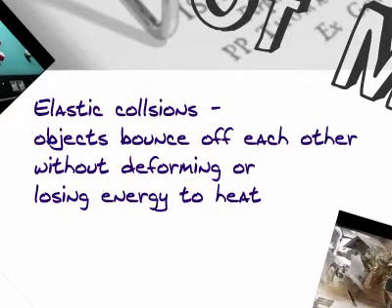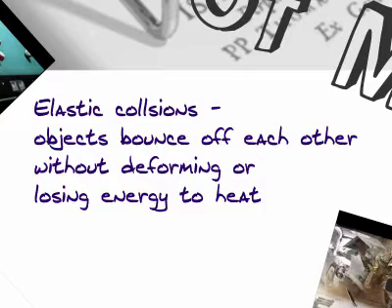Now, before we can really look at types of collisions, we need to learn about types of collisions. First of all, there are elastic collisions. In an elastic collision, objects will bounce off each other without deforming or losing energy to heat. Now, when we're talking about something that is elastic, we oftentimes think about things like rubber bands.